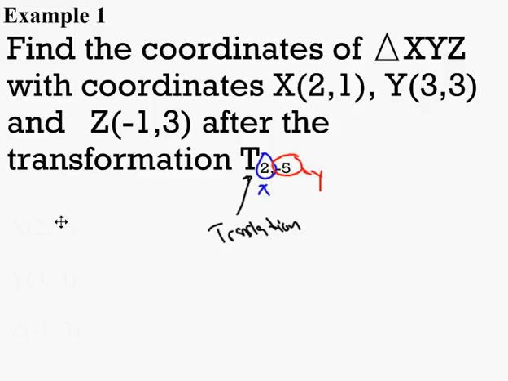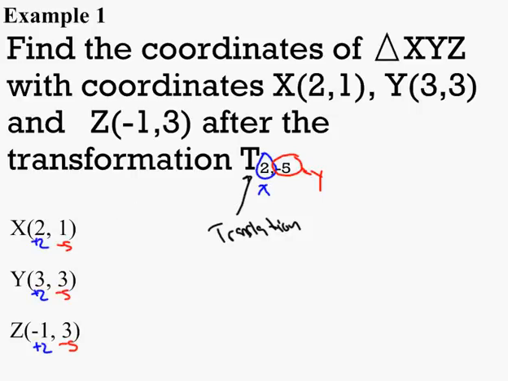So here are the original points, X, Y, and Z. What you're going to do is add 2 to every x, and subtract 5 from every y. If you perform those operations, you get these coordinates.